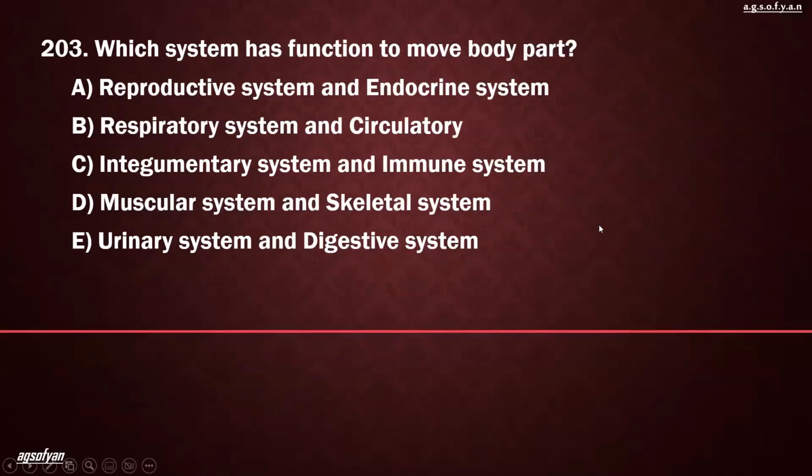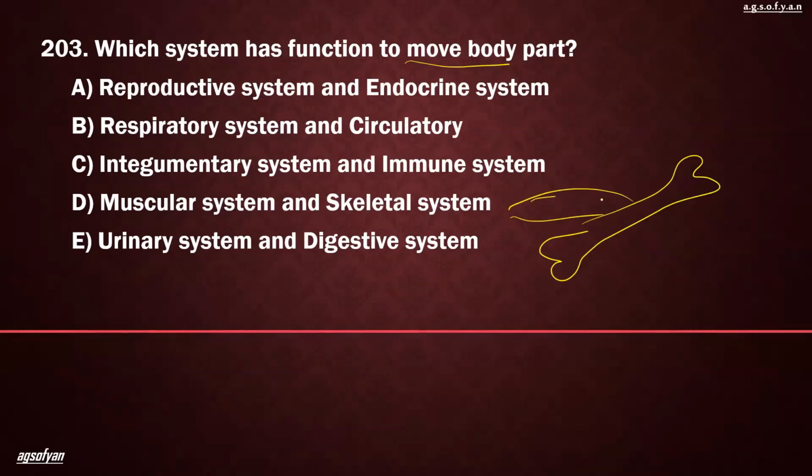Which system has the function to move body parts? You use bones over here, but you also need this. The muscular system and skeletal system. Yes, both of them are used for movement.